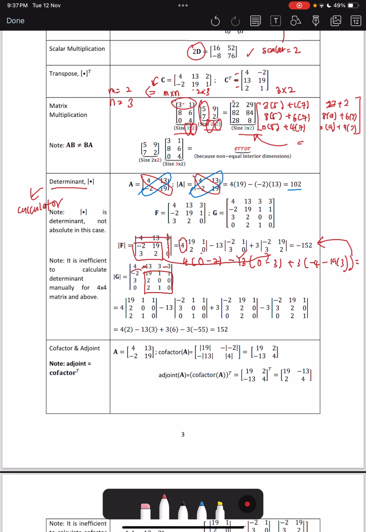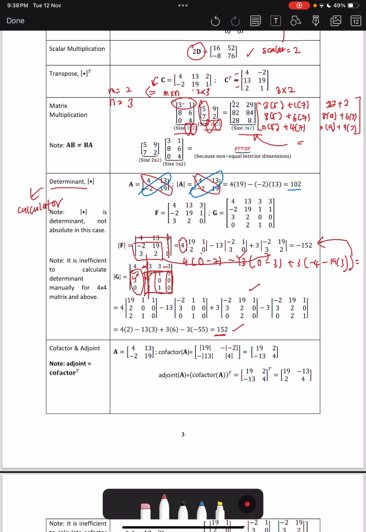Negative 13, you leave it with this one, and then plus 3, so leave it with 1, 2, this column and this column. That's why you leave it here, and then minus 3 at the back. When you expand it, you solve the determinant for each 3 times 3, and then you get the answer negative 152.